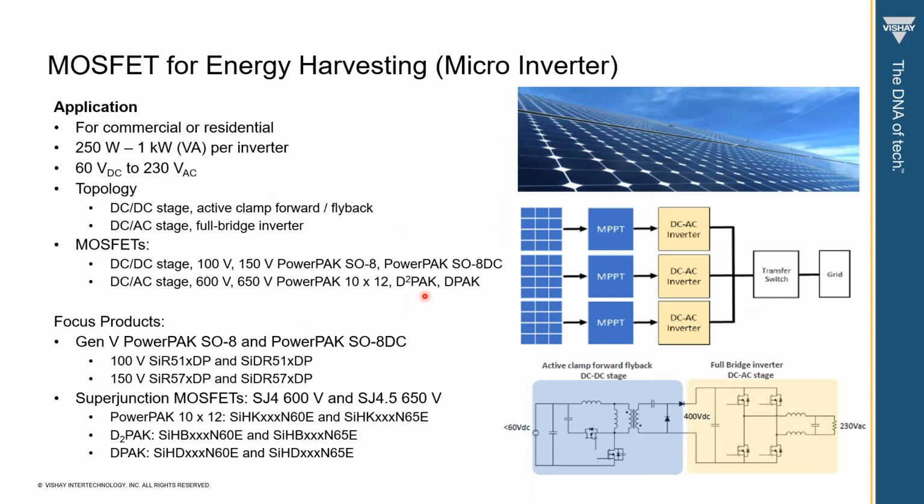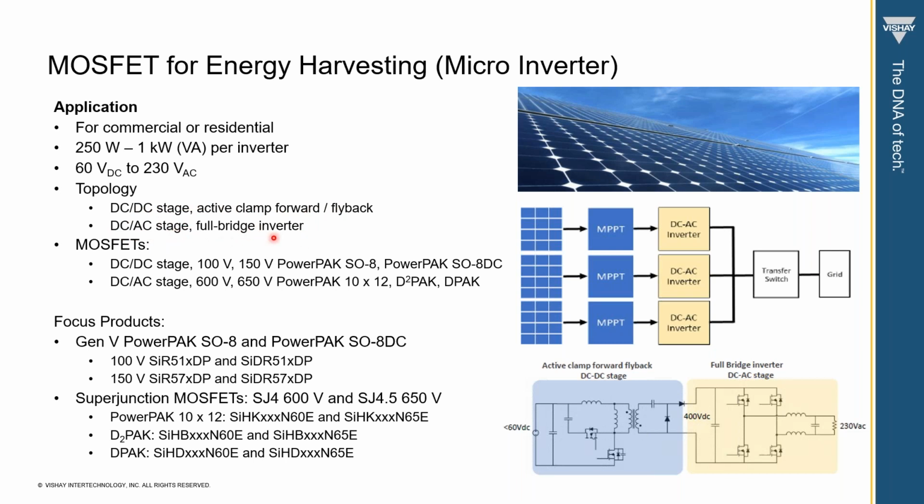The first product we would like to cover is the MOSFET for energy harvesting. This can be used for commercial or residential applications, with power mainly up to 1 kilowatt, DC from 60 to 260 DC to 230 AC. The topology is mainly DC to DC active clamp forward or flyback, or DC to AC for the full bridge inverter.